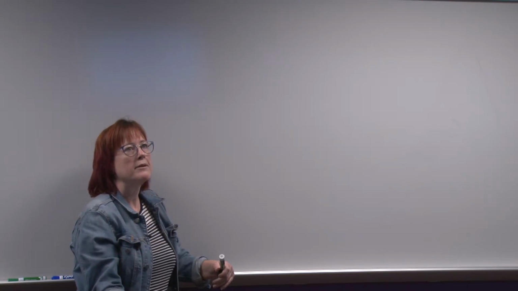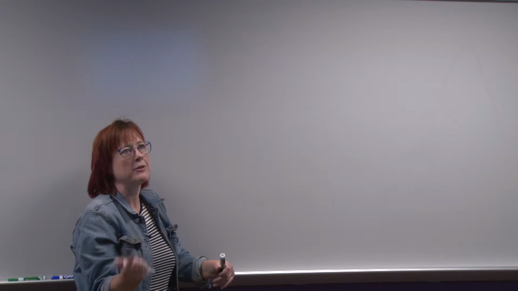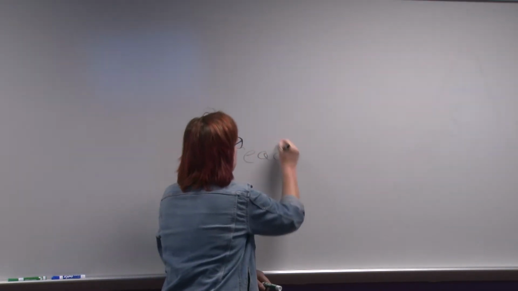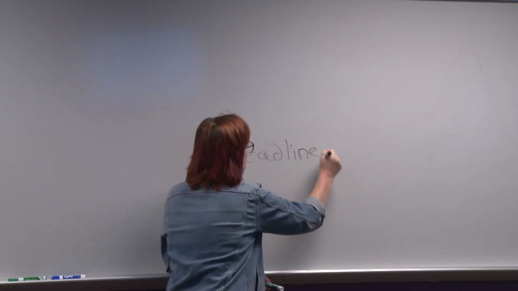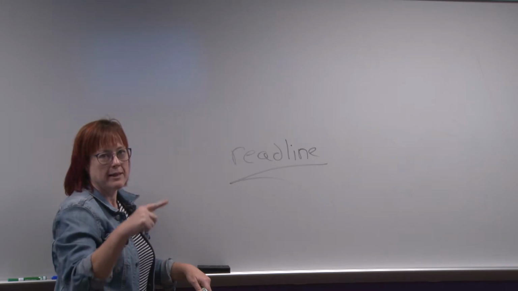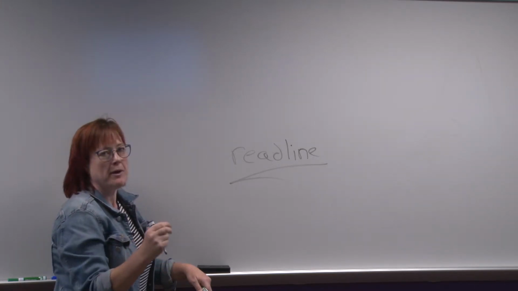Typically, one of the ways we use this is doing a readline method. That's an actual command, readline. And that will read in a line. It takes one line at a time, and that way you can process it.